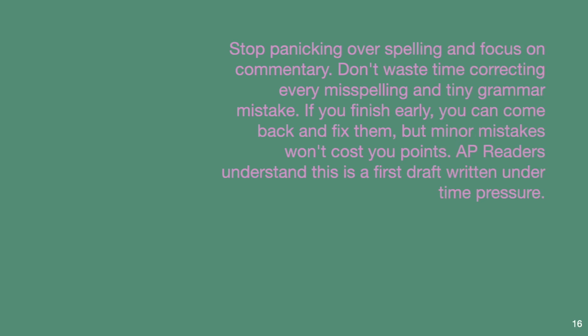So stop panicking over spelling and focus on improving the quality of your commentary. Don't waste time correcting every misspelling and tiny grammar mistake. If you finish early, you can come back and fix them, but minor mistakes just don't cost you points. AP readers understand that this is a first draft written under time pressure.